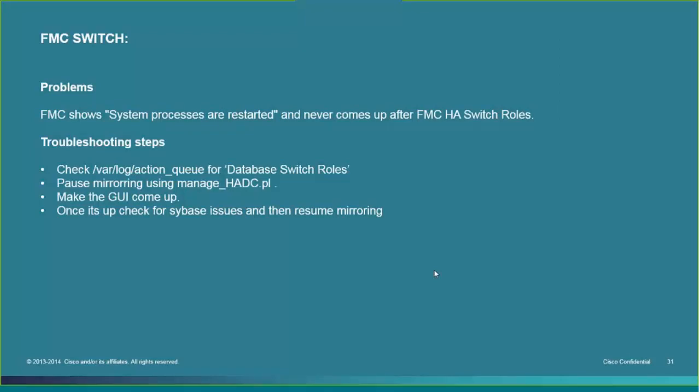If the UI is fine, but there are some specific error messages related to Sybase, we can fix that as the next step, and then we can continue to resume mirroring, and this would start the transaction synchronization between the two FMCs, and they would resume the healthy status, and we should be able to see both the UIs once this is successfully done.